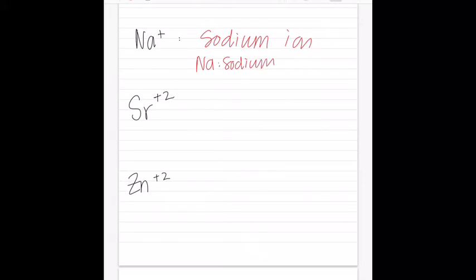You have to have that word ion after it when it's not attached to another element. When it's an element by itself and it has a charge on it, you have to put the word ion after it. We have to signify that there is a charge on this atom. Same thing with strontium. Sr is just regular strontium, but Sr+2 is strontium ion.